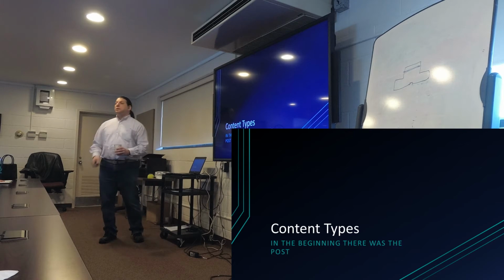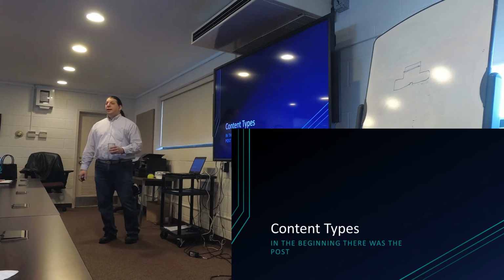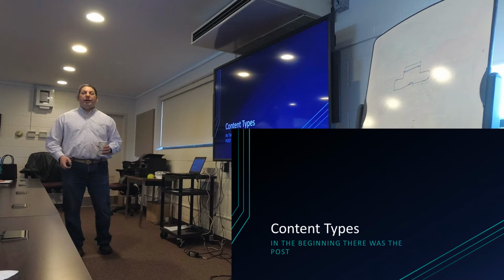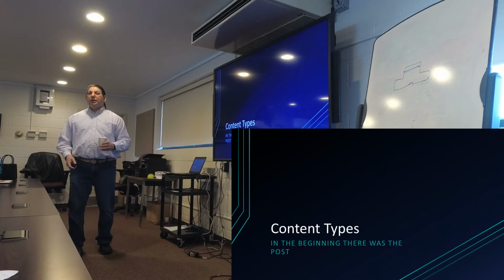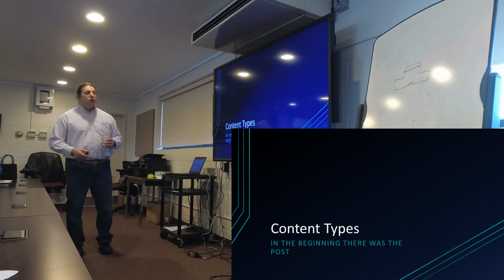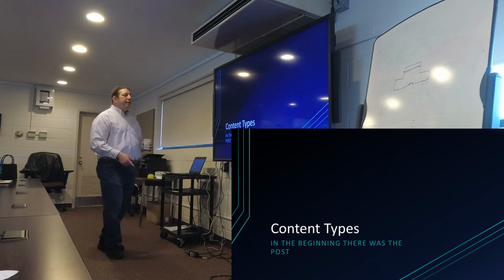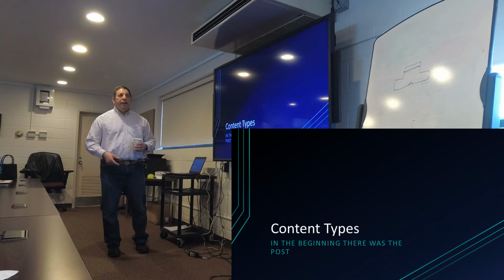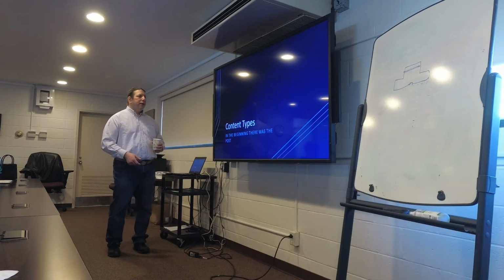There's posts, there's pages, there are products, and then if you add on more things, there are projects, and you can have clients, and you can have employees, and there's lots of different ways to add types of content to WordPress using software and different types of programming.